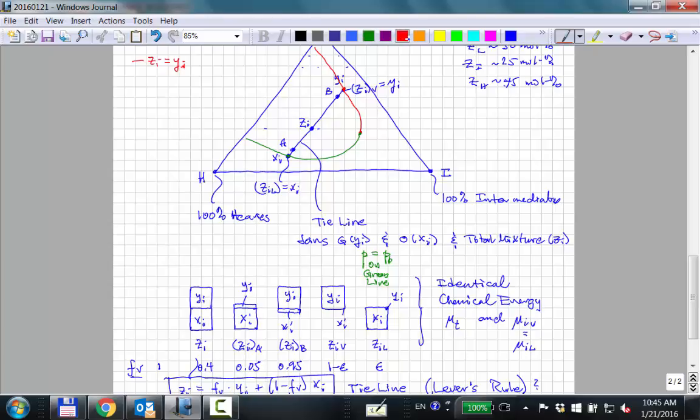And for the situations where you're on the red line, the pressure of the system is equal to the dew point. So we call this the dew point line. We call this the bubble point line.